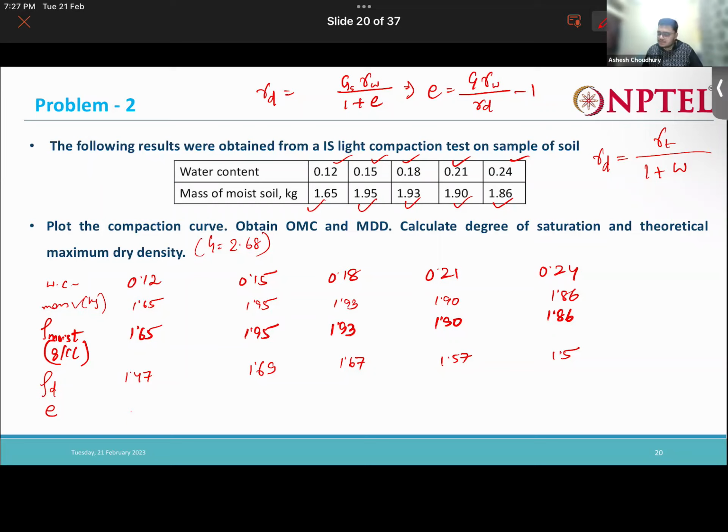2.68 into, remember it's in gram per cc. Remember everything.